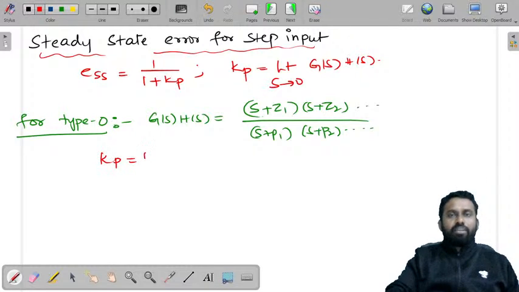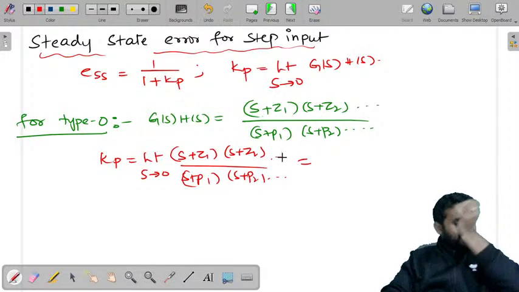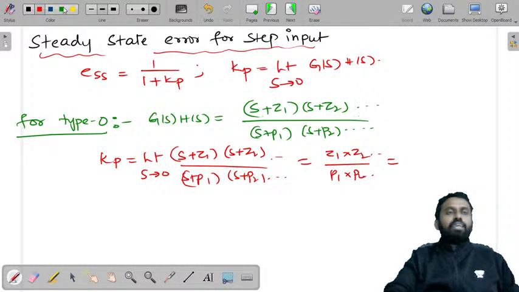We need to find Kp because this G(s)H(s) changes, right? So limit s tends to 0 of (s plus z1) into (s plus z2) by (s plus p1) into (s plus p2) and so on. If you apply s is equal to 0, what do you get? You get z1 into z2 by p1 into p2 and so on, right? So this is a constant value.